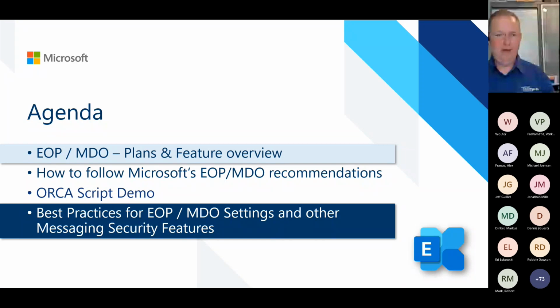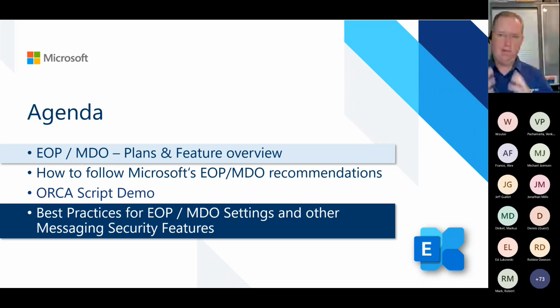We have an interesting topic here to discuss. First, I wanted to take you through a little bit about the basics on EOP, Exchange Online Protection, and Microsoft Defender for Office 365, the different plans, what features you have, and what features are available. Then we go down the road of how to follow Microsoft EOP MDO recommendations. Here one of my favorite tools, and I will provide a quick demo, is the Orca script.